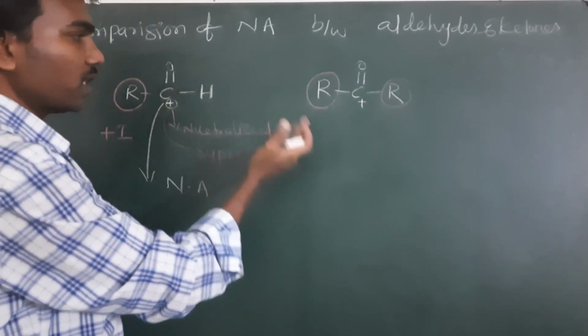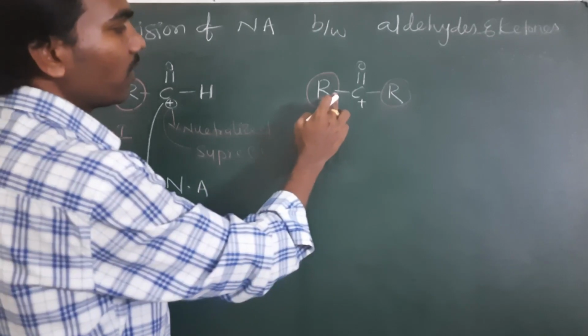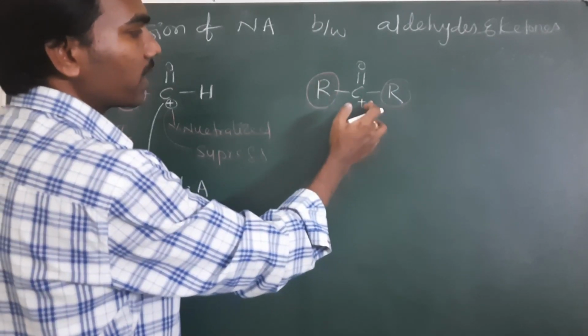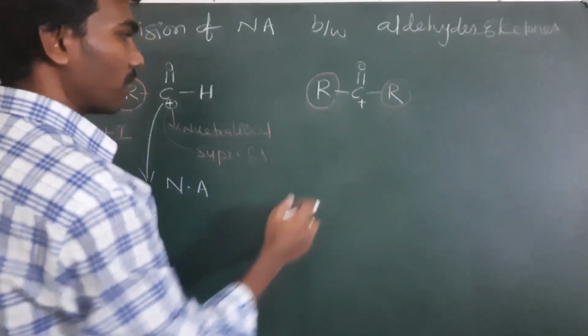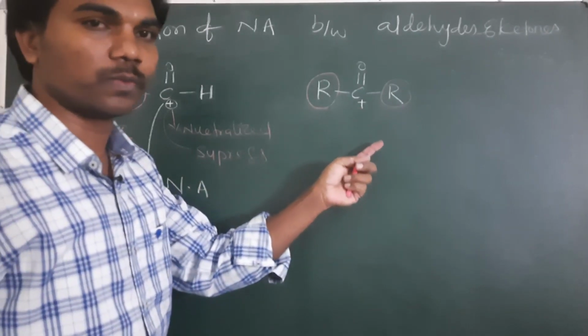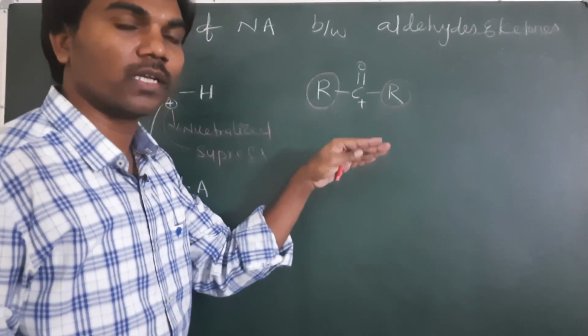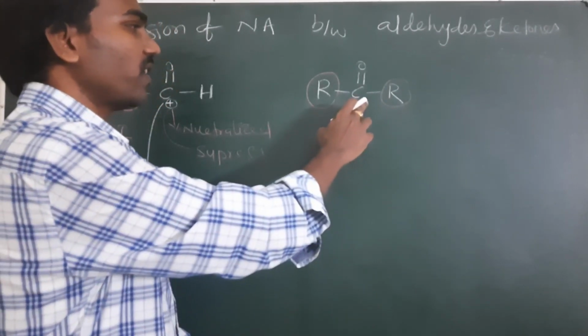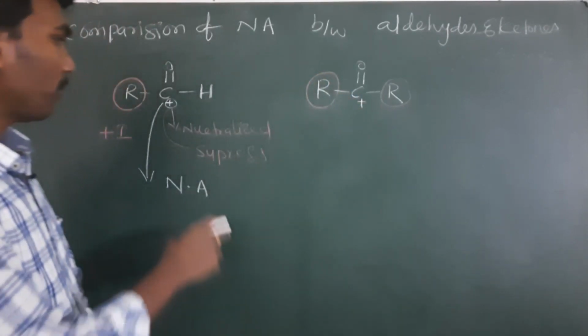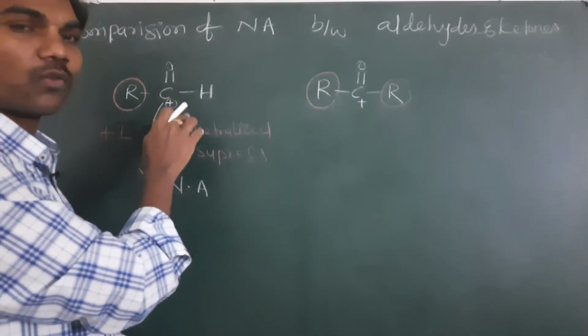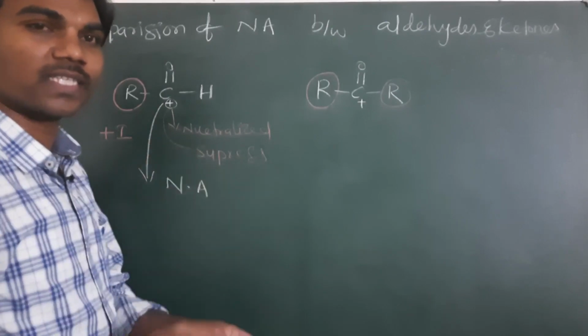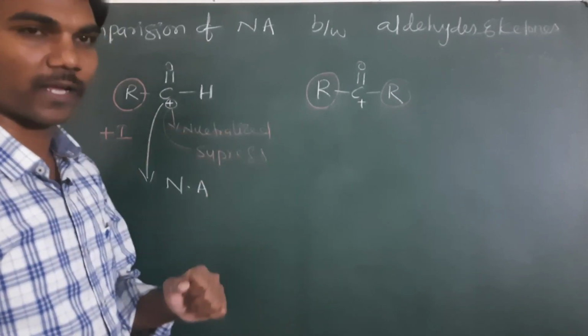Comparing these two compounds, because of more alkyl groups here, the carbocation is suppressed. The alkyl groups are working to suppress the electron deficiency of the carbocation. But here only one alkyl group is working to suppress the deficiency of the carbocation.